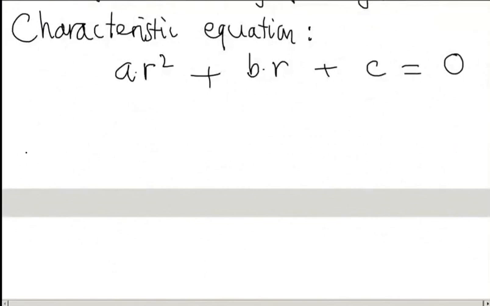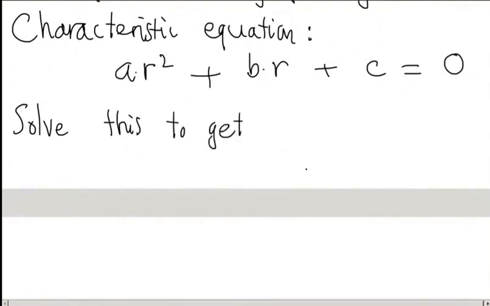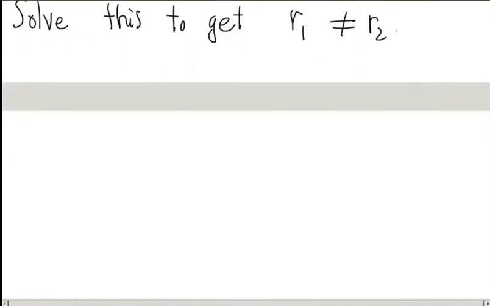And in this case, we solve this to get distinct roots, r1 different from r2. And we know y1, y2. We know the general solution. If we have initial conditions, we can use them to determine C1 and C2. So let's look at examples.